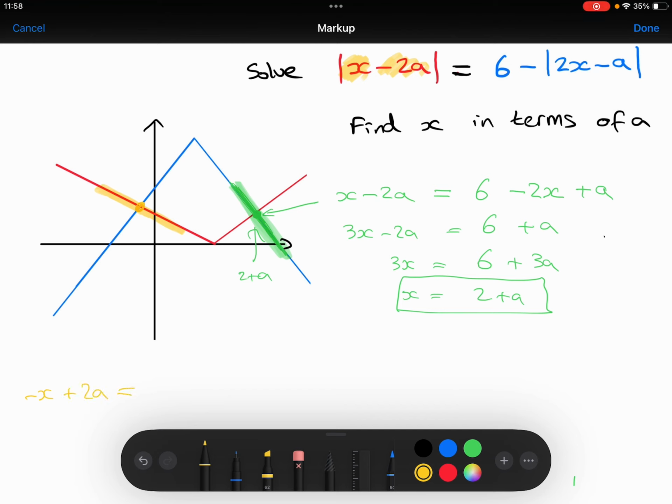For the blue line, like I say, that's got a positive gradient at that point there, so I need to have a positive 2x. So I need to have the 6 at the front, I need a positive 2x. I haven't changed the 2x here, so I'm not going to change the minus a there.